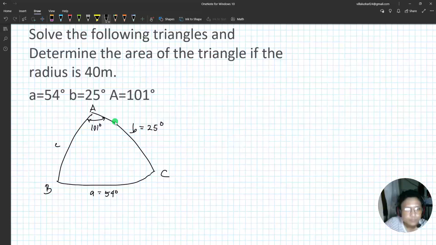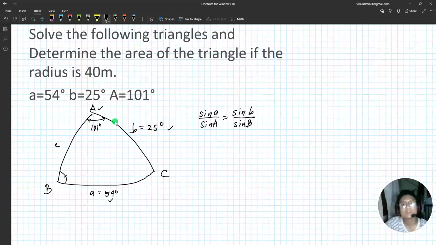Based on the given angles and sides, the most convenient solution that we can use is sine law, since we have a given angle here and the opposite side A. We can use side B and determine the opposite angle by using sine law, because in sine law we have the sine of the side divided by the sine of the opposite angle, which is equal to the ratio of the sine of the side to the sine of the opposite angle. Let's make sure that we only have one unknown here.